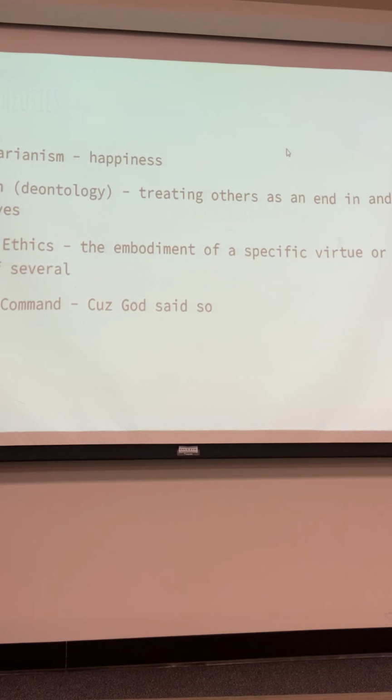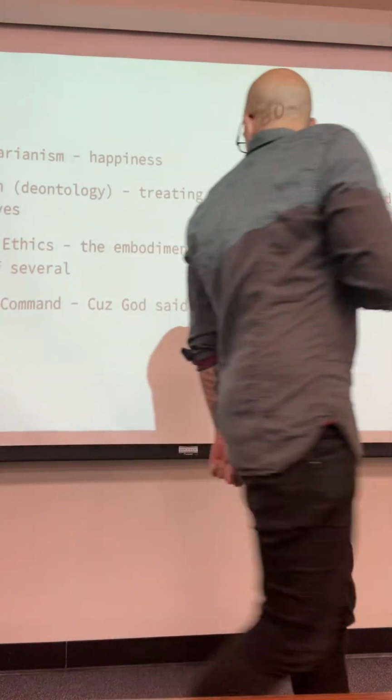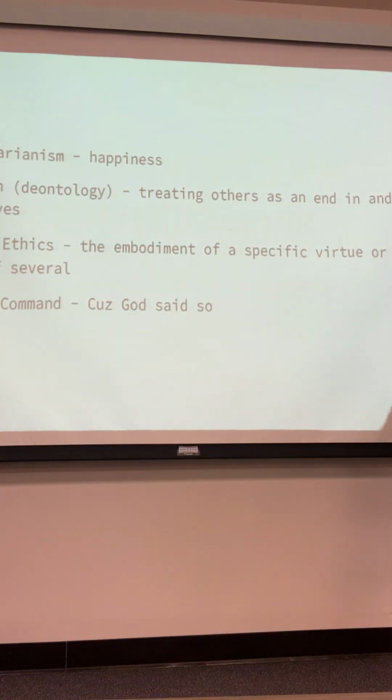So you have utilitarianism, very simple. It's about happiness. Kantian deontology is about treating others as an end in and of themselves. Virtue ethics is the embodiment of a specific virtue, or a combination of several, which would be wisdom and justice and all these other things. And then you have divine command, which we have not talked about, because God said so.